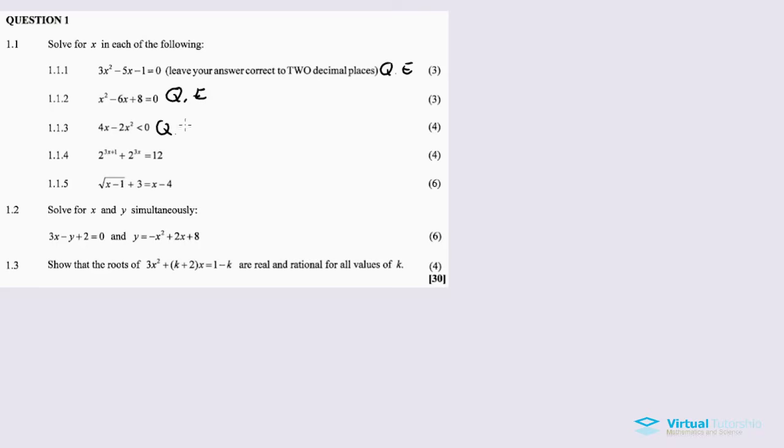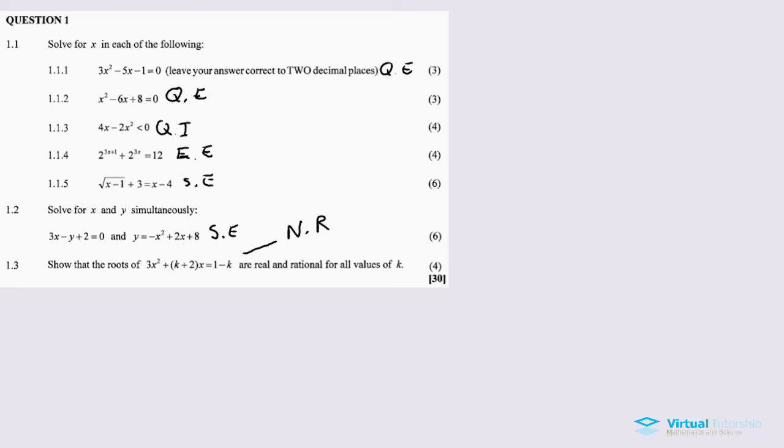Then we have a quadratic inequality, an exponential equation, a surd equation, and a simultaneous equation, and then the last question is about the nature of the roots, right? These are the nature of the roots.